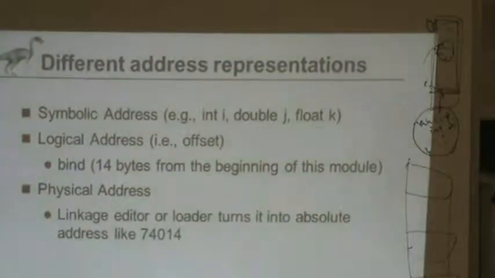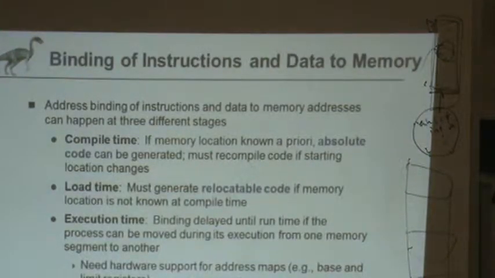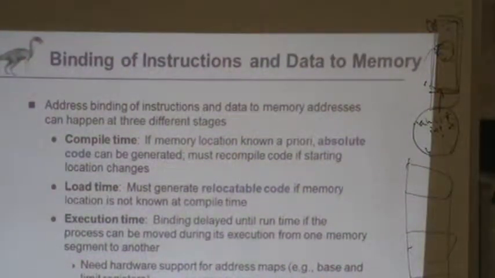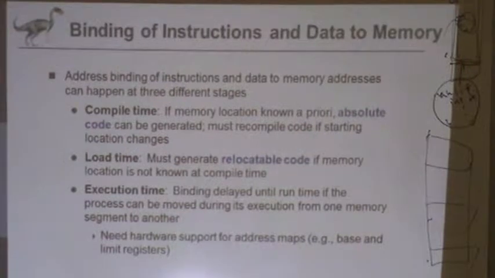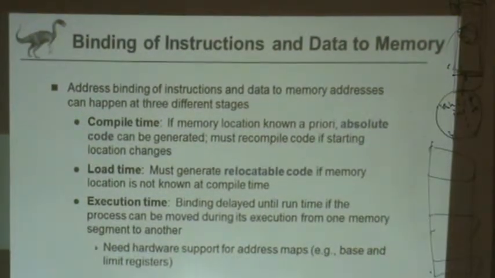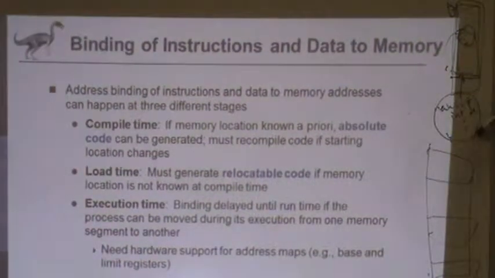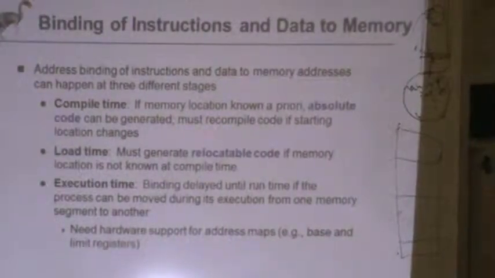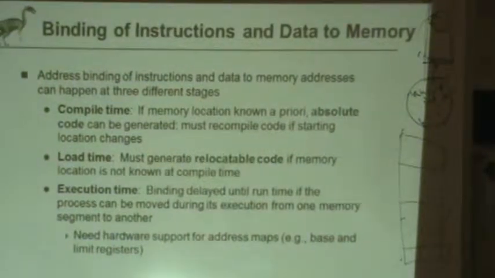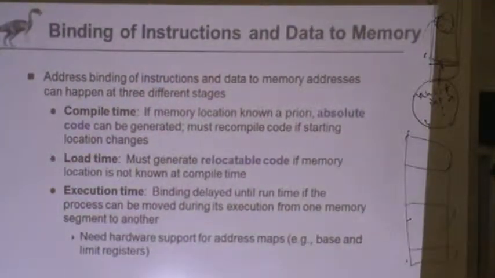Then perform such a thing. So the address will be bound in three different ways. At compiling time, as I said, the symbolic address becomes the relative address. What is load time and what is execution time?